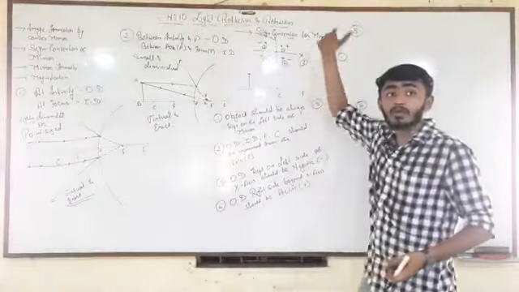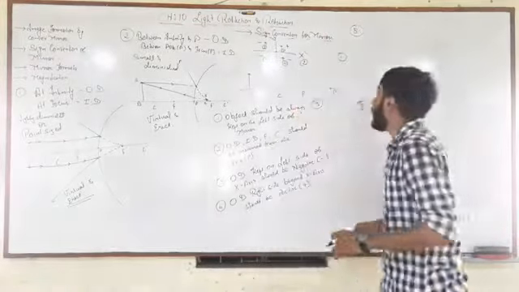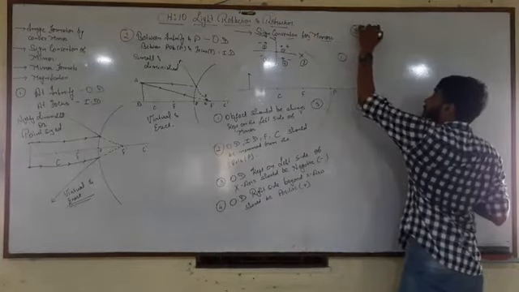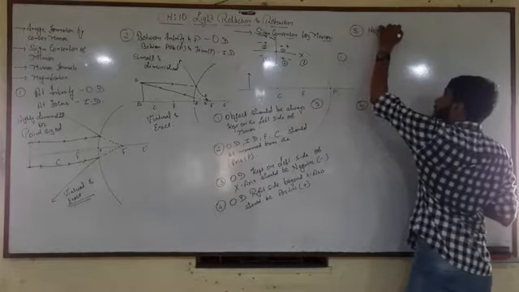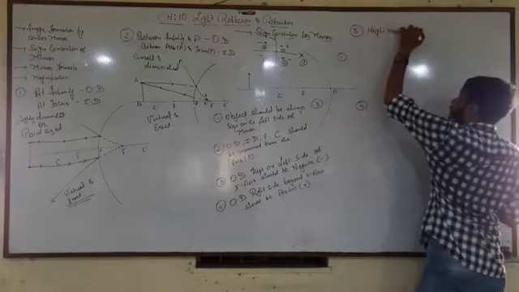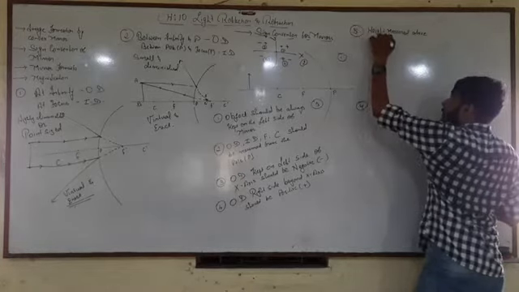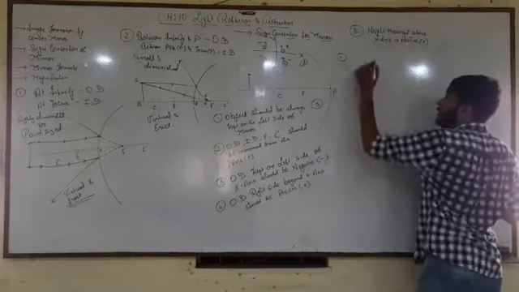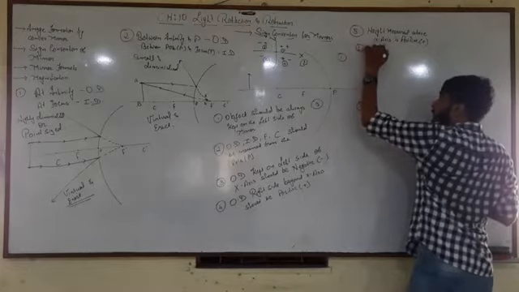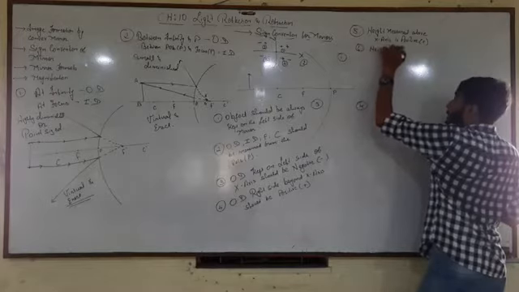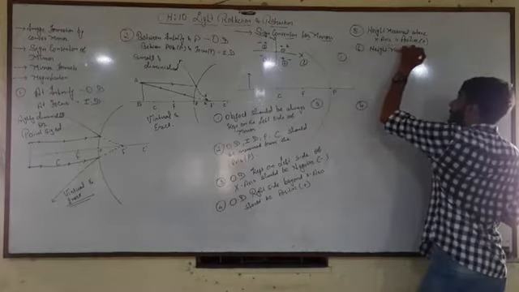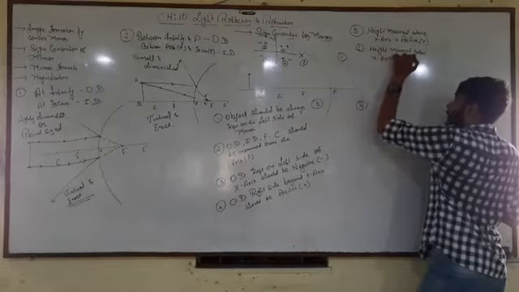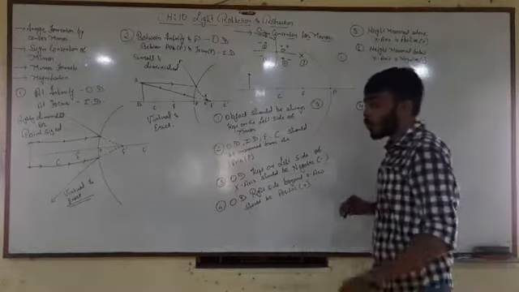The height measured above the x-axis is taken as positive, and the sixth point will be height measured below x-axis is negative. I hope you are clear with this.